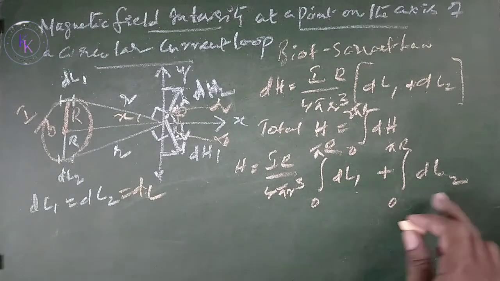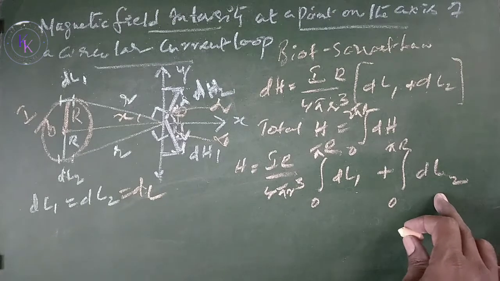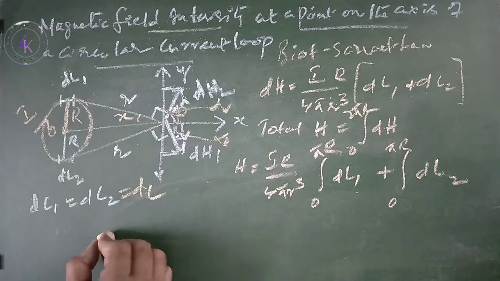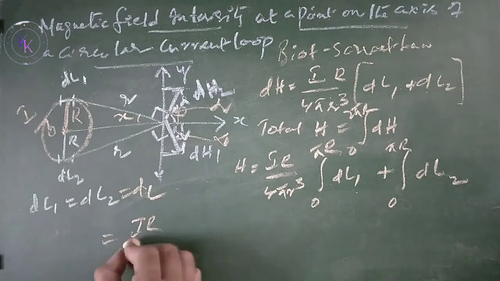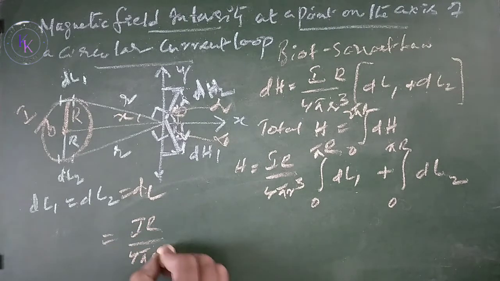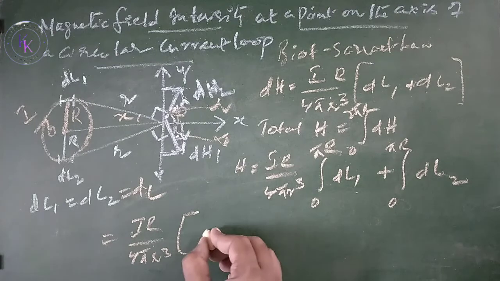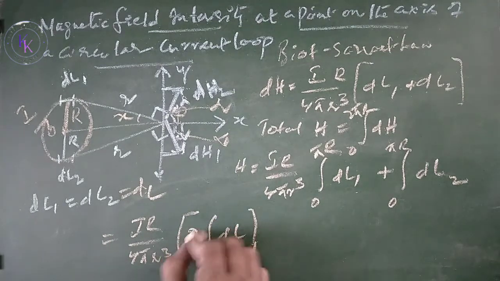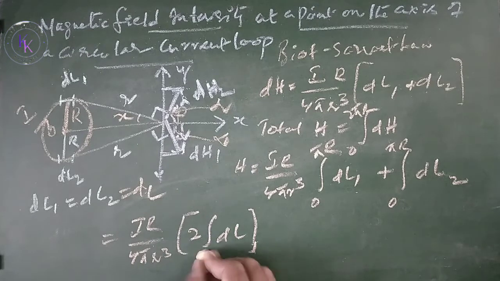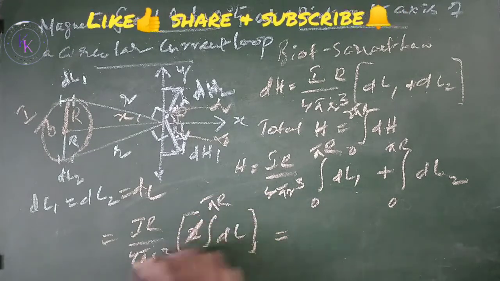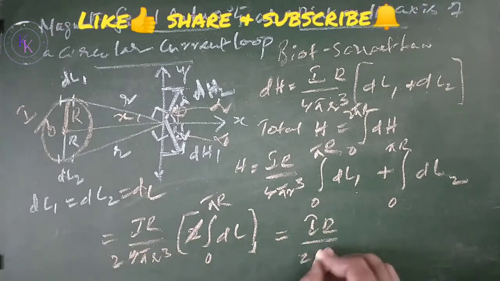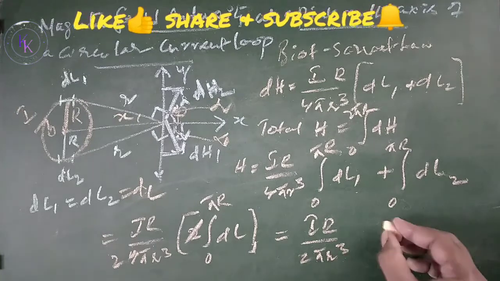Since dl1 equals dl2, the two can be replaced with dl, so this equals I R divided by 4 pi r cube of integral dl, 2 times 0 to pi R. This equals 2 times I R by 4 pi r cube dl.